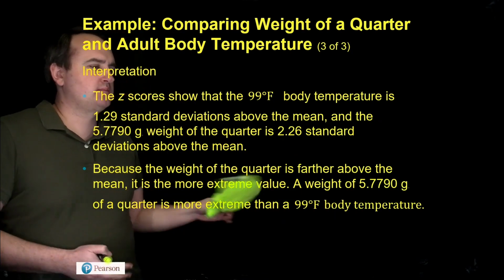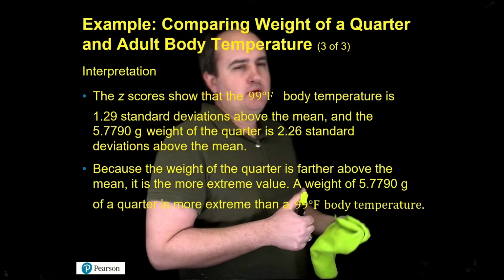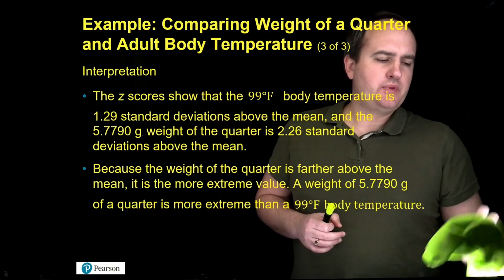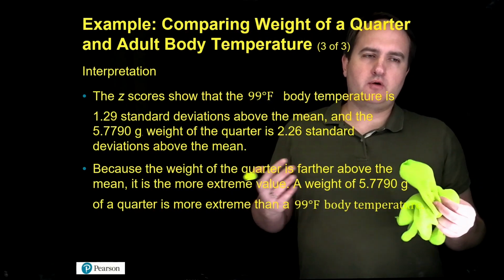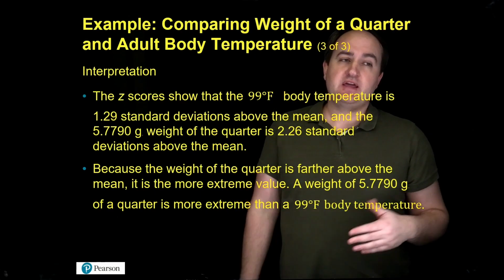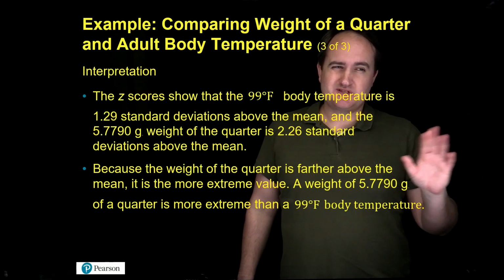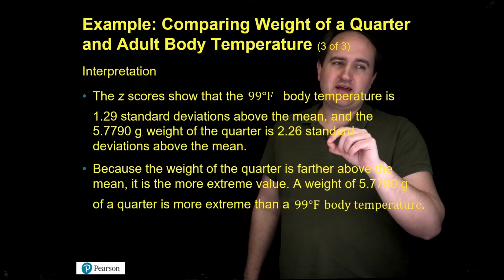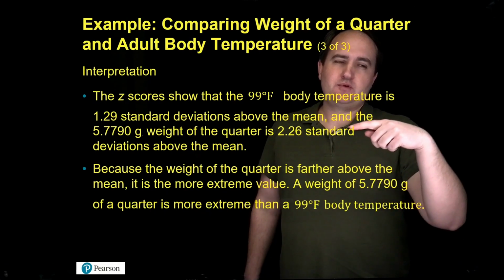It's mostly interesting because it's something that you might have not known that you can do. And just for your homework, when they ask you which one is more extreme, if you have a negative number, just ignore the negative for your z-score when you're answering the question.